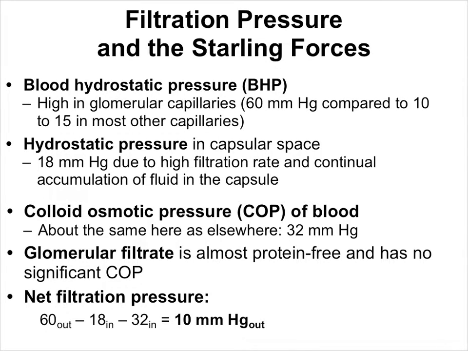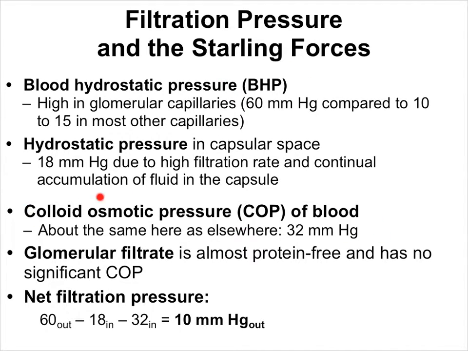Now, again, that's a pathological state. But the hydrostatic pressure in a normally functioning kidney is usually somewhere around 18 millimeters of mercury. So significant. It's a real number, but it should always be lower than the BHP.